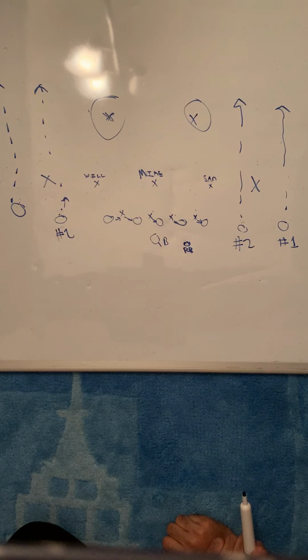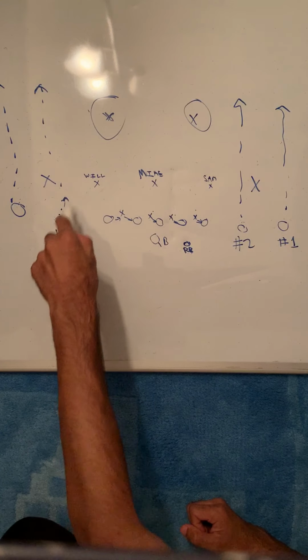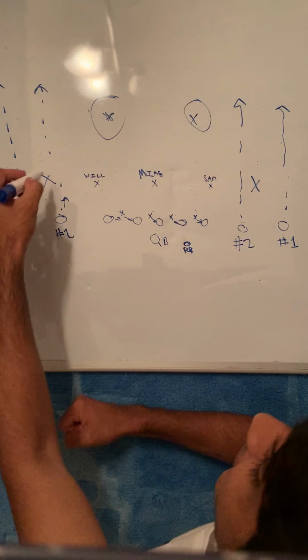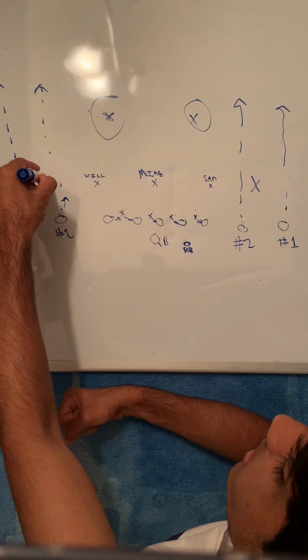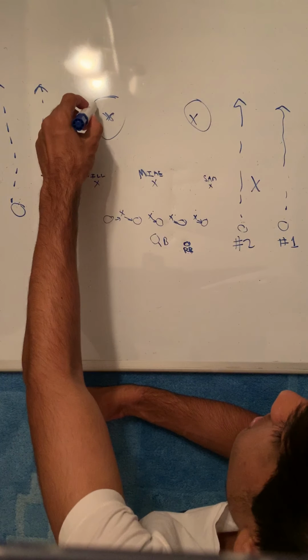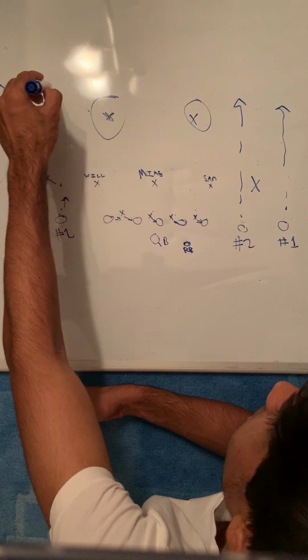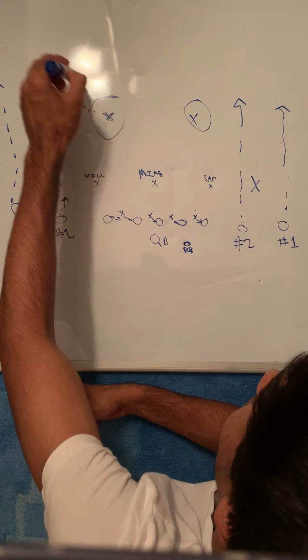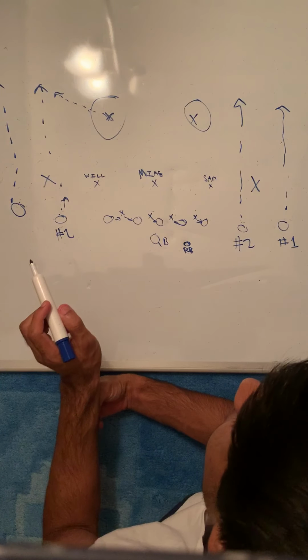So if number 2 goes up, the cornerback is going to kind of slide with number 1, and the safety is going to pick up number 2 inside. So this guy's going to meet him here, so that he doesn't have to run all the way to the other side of the field, right?